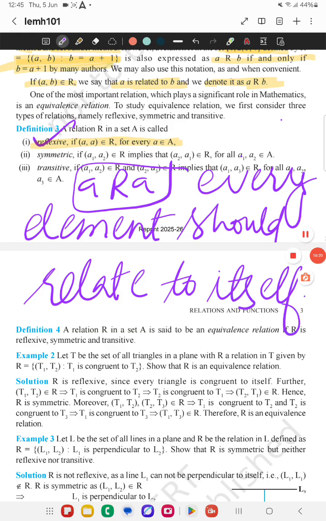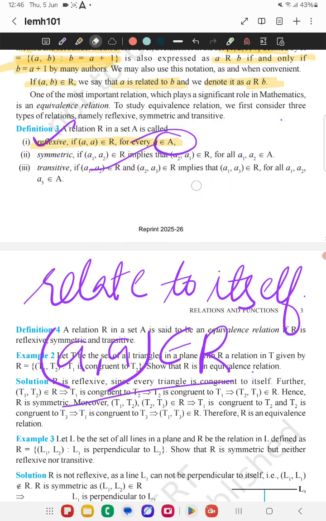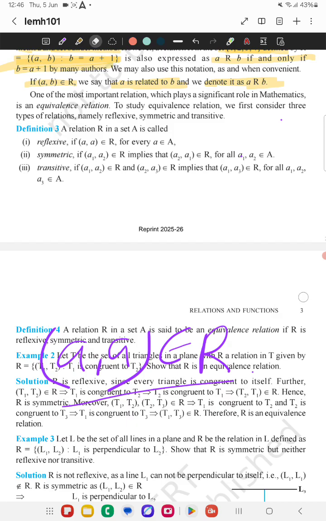Clear? So we can write a is related with a, or (a, a) belongs to R, for all a belonging to set A. So this is the definition of the reflexive relation: every element should be related to itself.